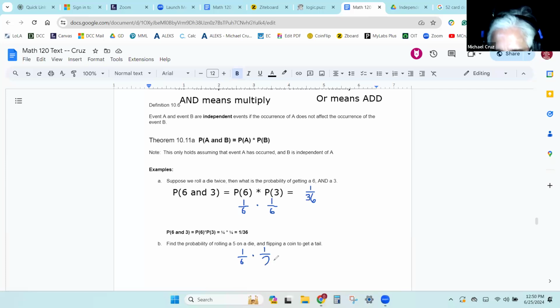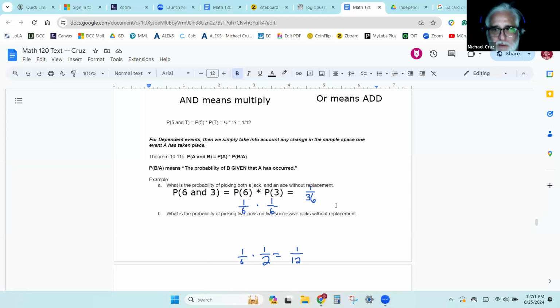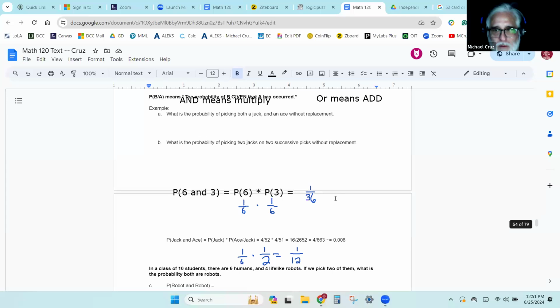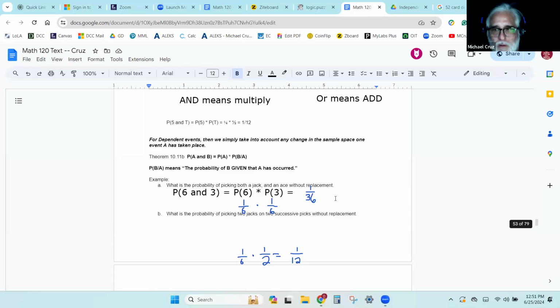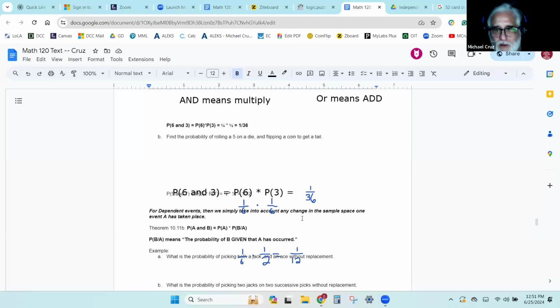Maybe I stopped partway. It won't hurt us to go over it again. So those are independent events.